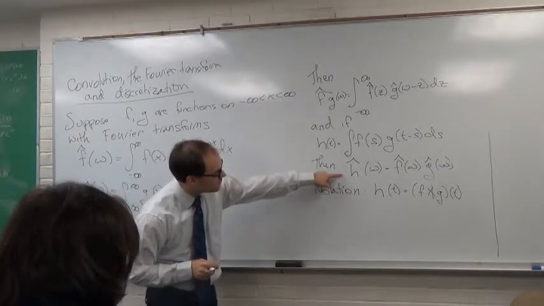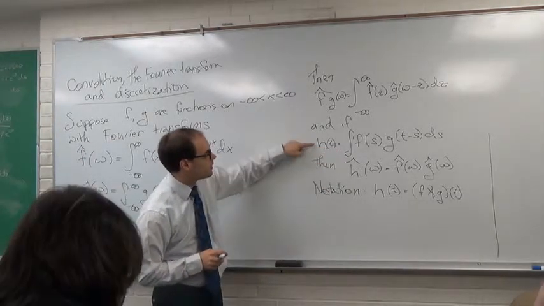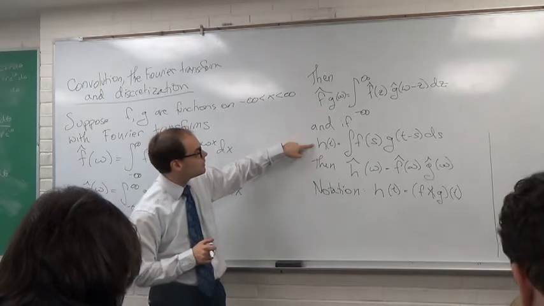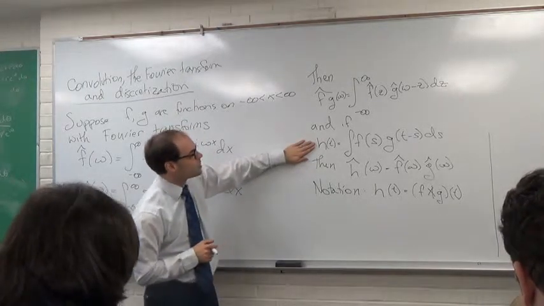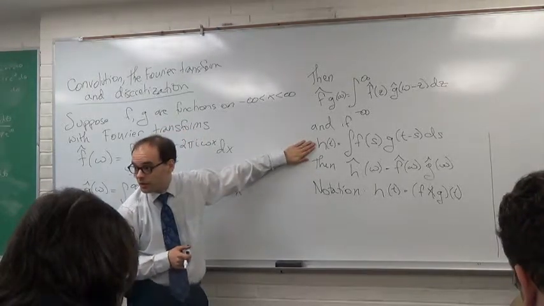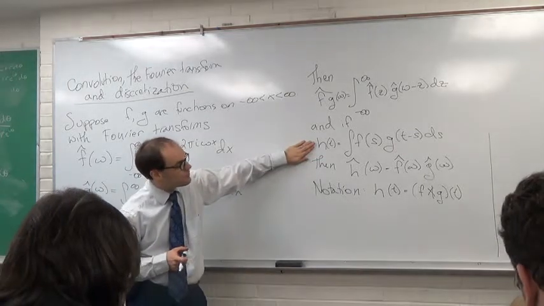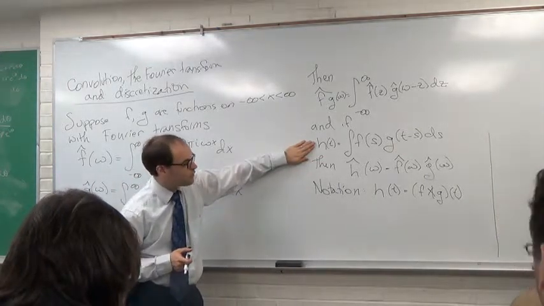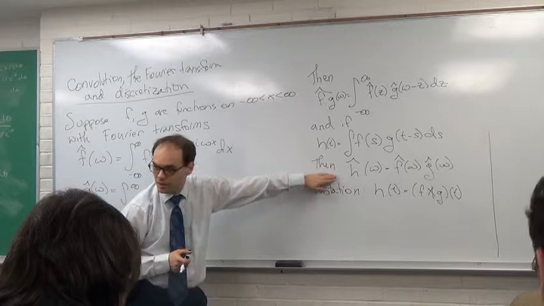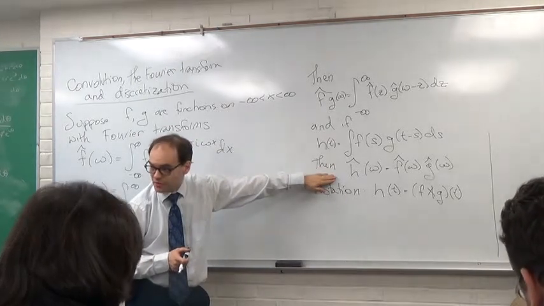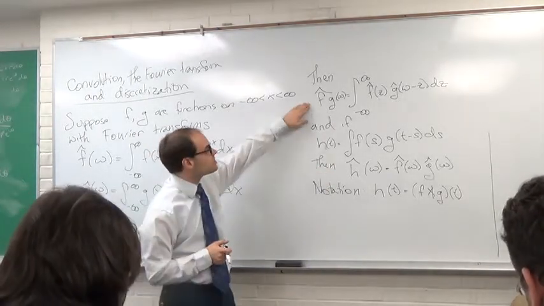No, this is just defining a function that's in the original variables. So this is the convolution between f and g. And if you take the Fourier transform of their convolution, then it turns into a product of their Fourier transforms. It's dual to the statement here.